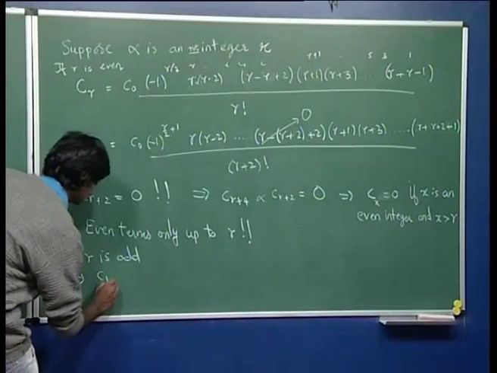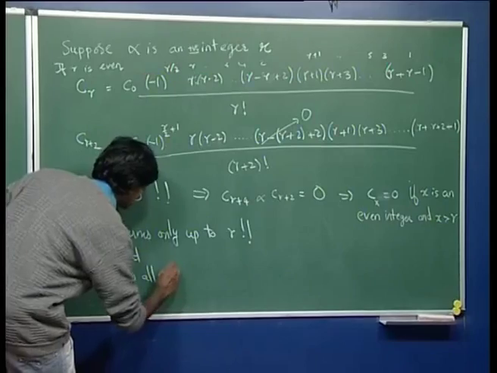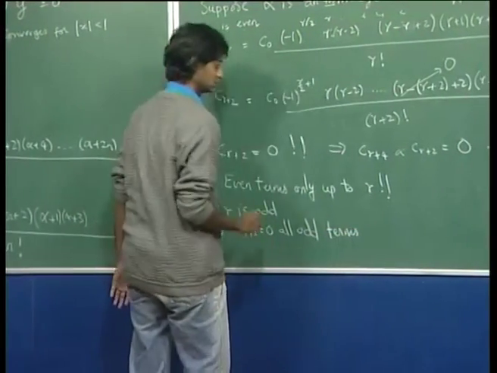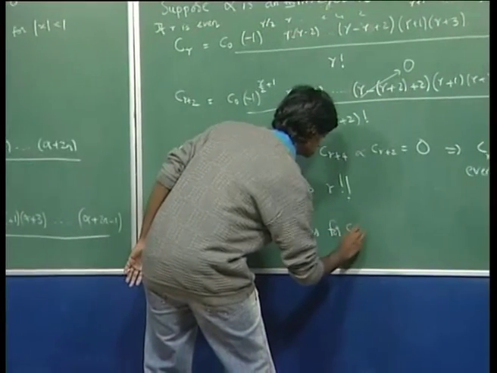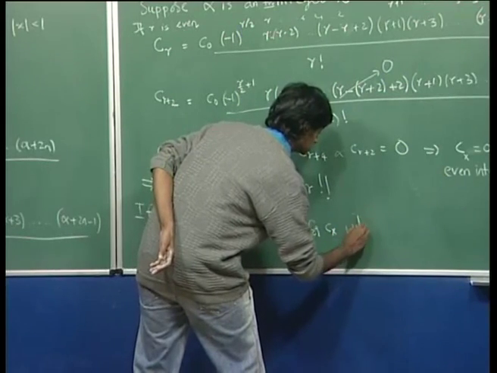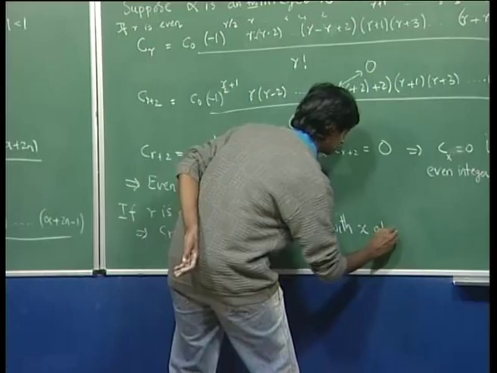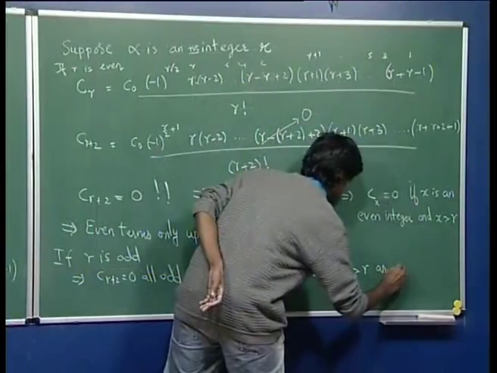All odd terms for x odd and x greater than r are 0.